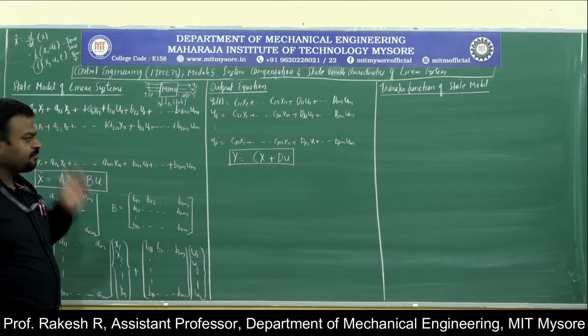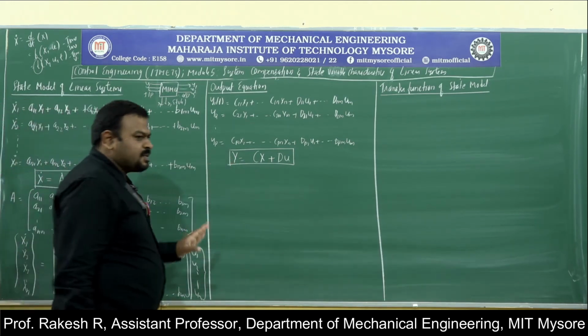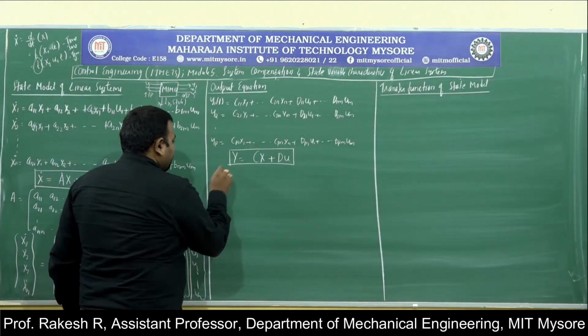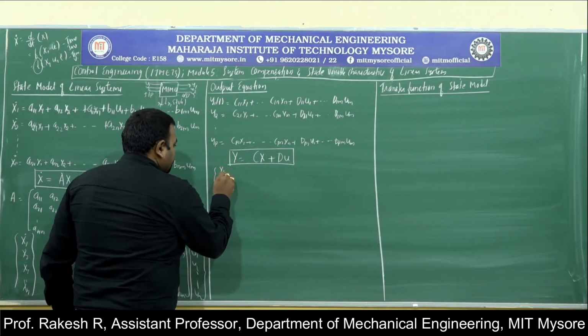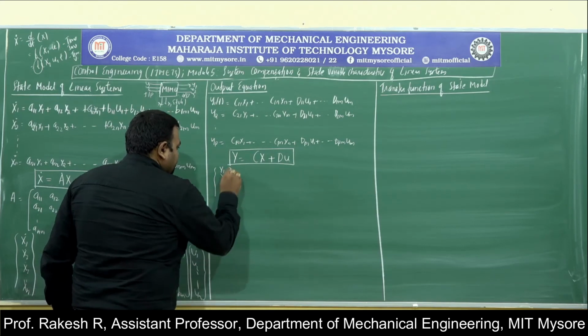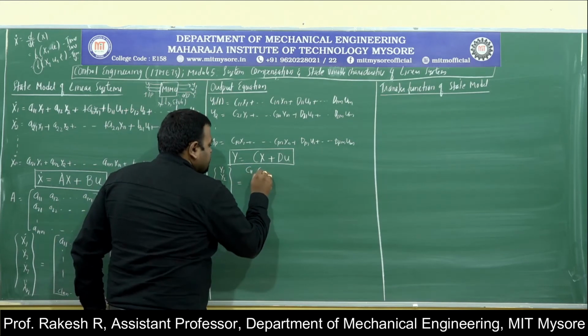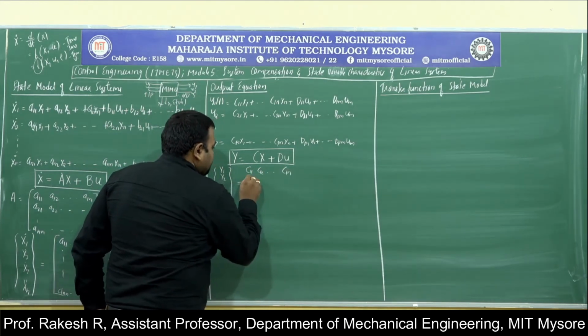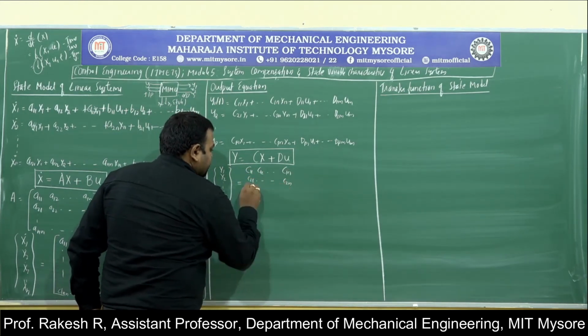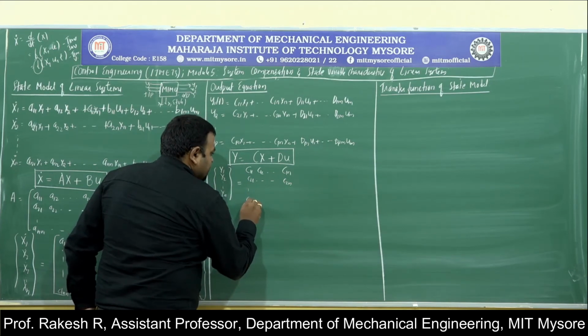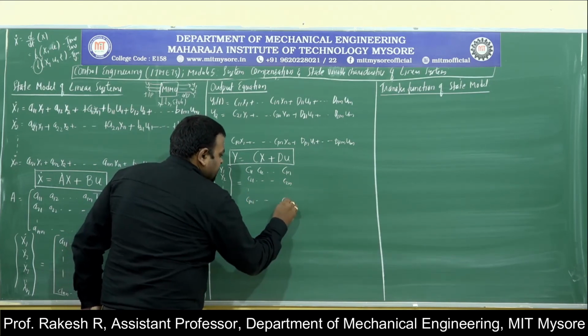Very important thing. Again, if I represent the same output equation, y, that is y1, y2 up to yn, is equal to, C is also a matrix, c11, c12 up to c1n, c21, c2n, cm1 up to cmn.